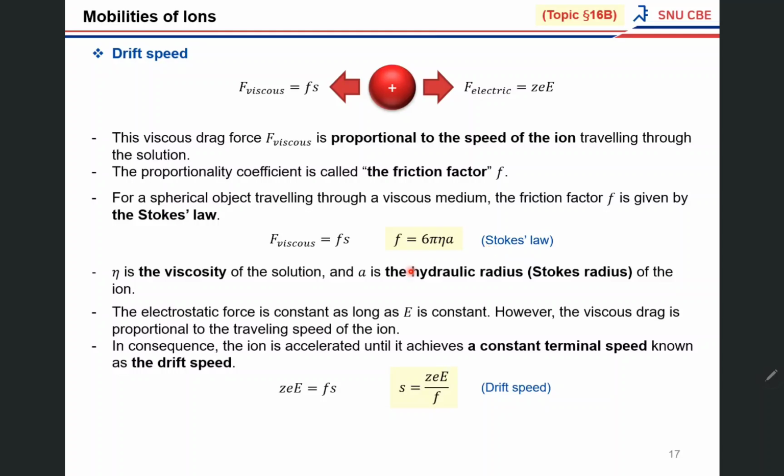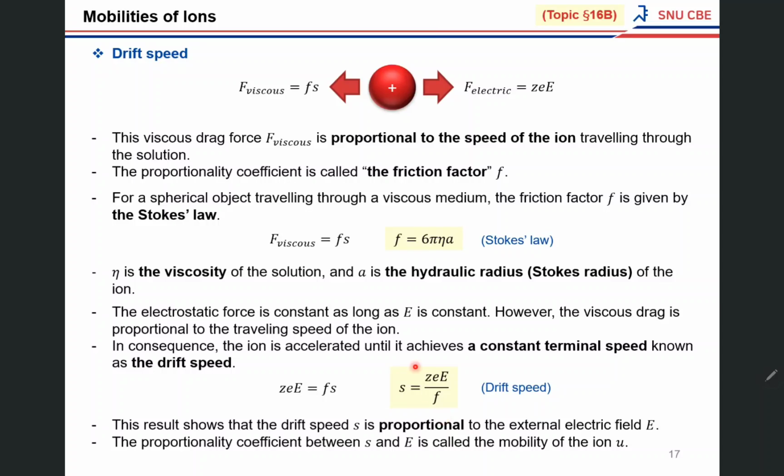If you take the two expressions, you can solve for the drift speed s as ZeE divided by f. This result shows that the drift speed is proportional to the external electric field E, and the proportionality coefficient between s and E is called the mobility of the ion, small u.